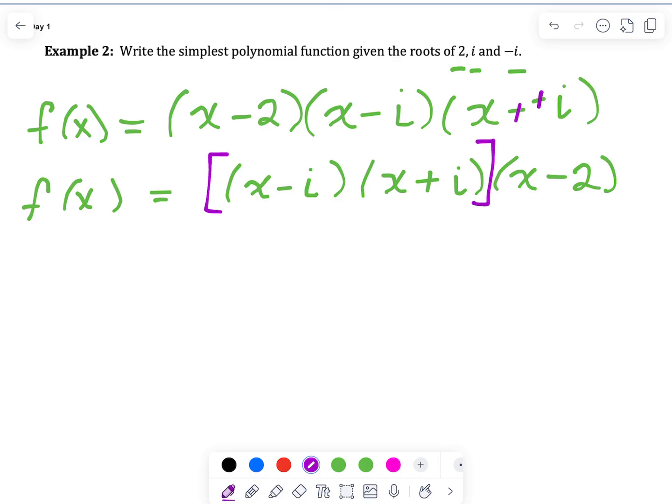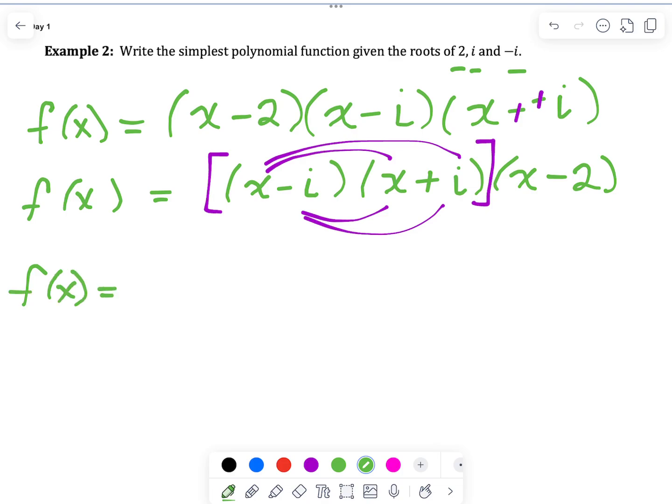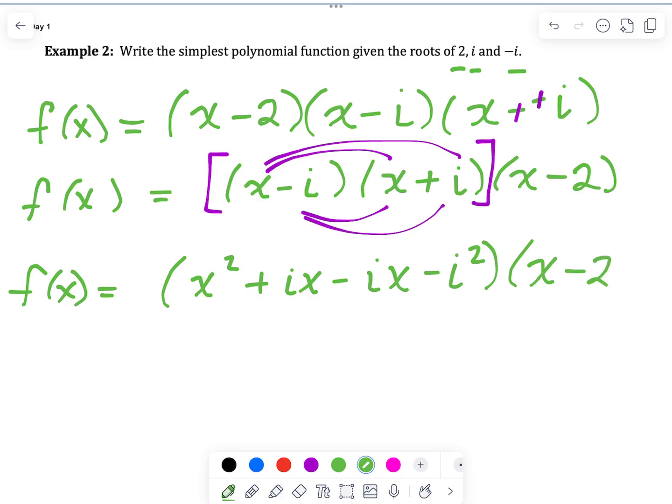So we'll do first, outside, inside, last again. And we get x squared, ix, negative ix, and negative i squared. And then we have the x minus 2 at the end.